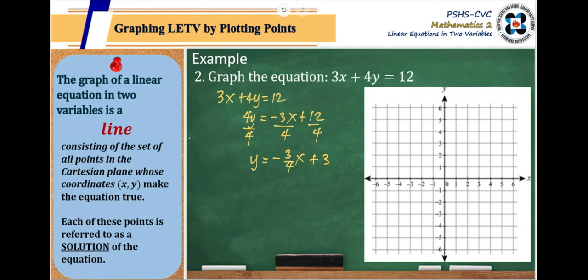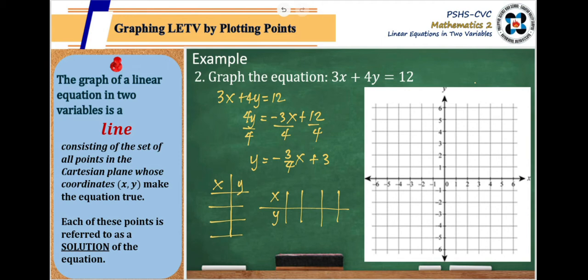In our table, we can make use of a vertical table. The vertical table looks like this, and the horizontal table will look like this. To be able to graph, we just have to generate pairs of values or solutions for the given equation.